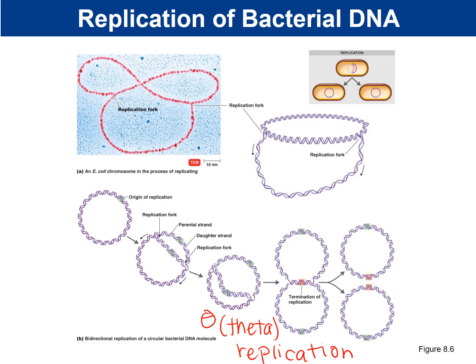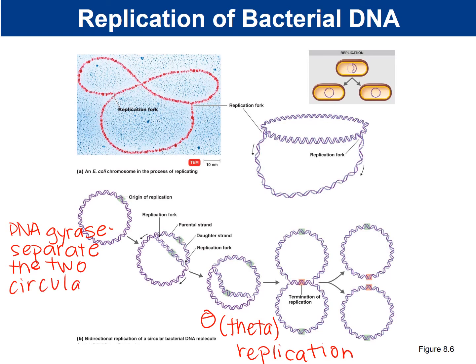Theta is a Greek symbol, and the reason they call it theta replication is it looks like the Greek symbol for theta. For bacteria, they use DNA gyrase. The purpose of DNA gyrase is to separate the two circular DNA and relax what's called supercoiling.